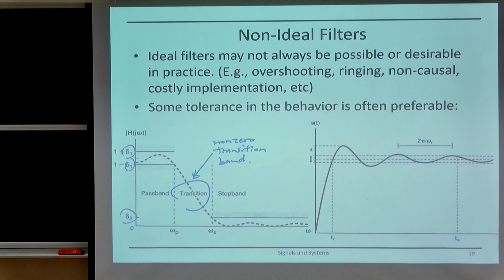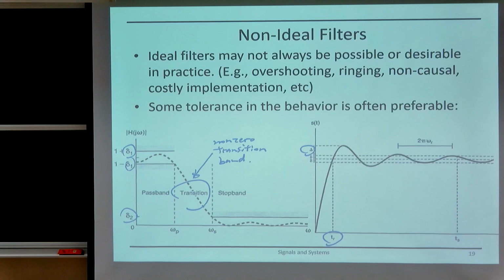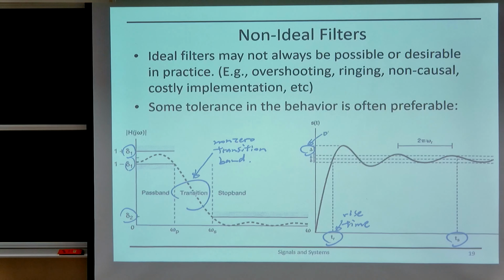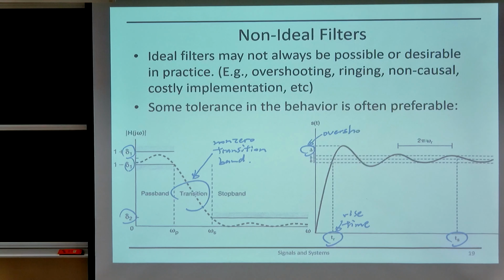So these are different variables that you may be concerned with, such as the rise time. This is the overshoot value. This is the settling time.